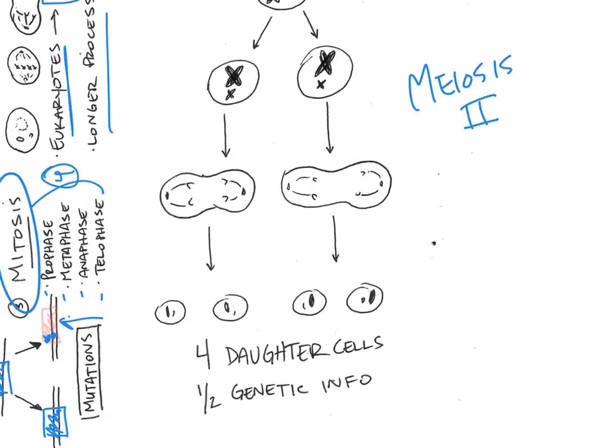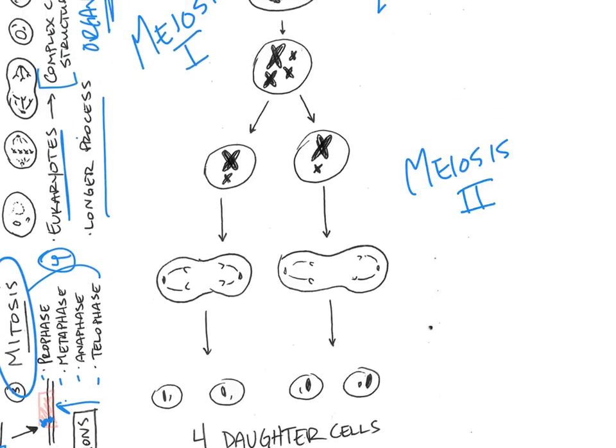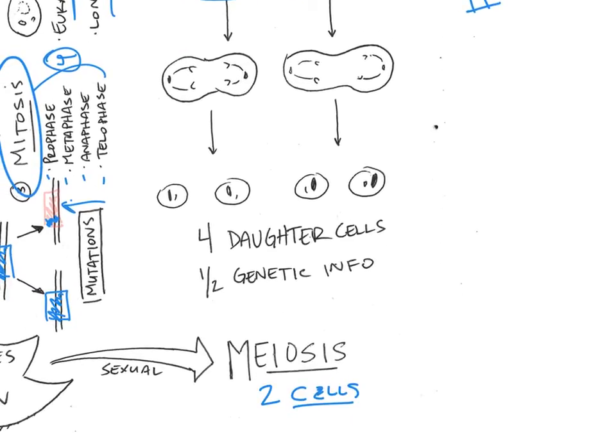So instead of ending up with two daughter cells with the same genetic information like here, we end up with four daughter cells. Four daughter cells. And these four daughter cells have half of the genetic information of the parent cell. And that is why in sexual reproduction, you need to have two of these daughter cells because each one only has half of that information. I cannot form a viable individual.